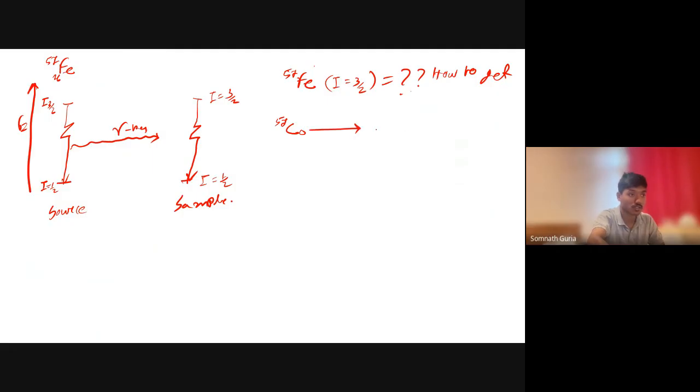From here we can get the Fe 57. Another question is that this is a very radioactive molecule.